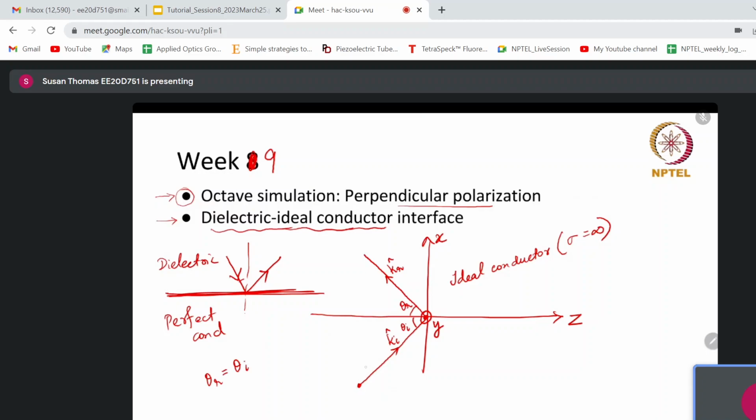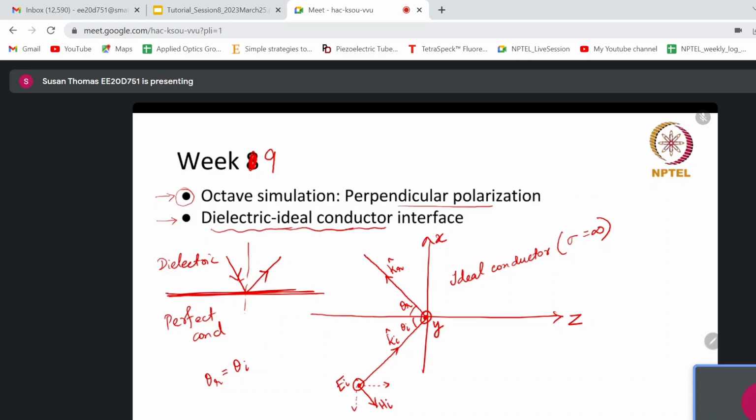And now let's look at the electric field and magnetic field vectors. So if Ei is normally outward, that means the electric field is perpendicular to the plane of incidence. So here we have a perpendicular polarization, and then say if this is the magnetic field vector Hi, the incident magnetic field vector, this Hi can be resolved into two components.